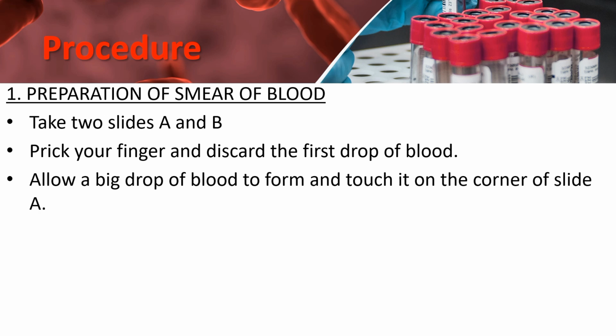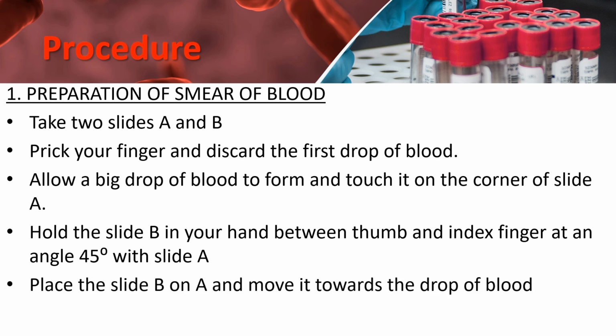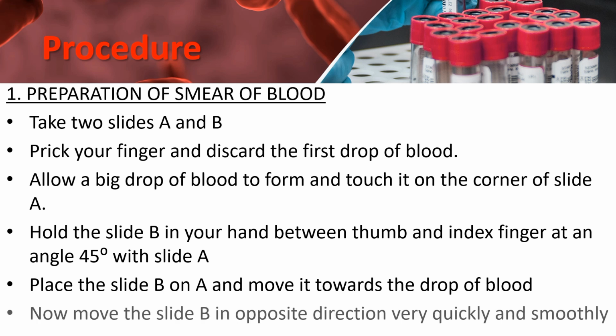Then hold the slide B in your hand between thumb and index finger at an angle of 45 degree with slide A. Now place the slide B on slide A and move it towards the drop of blood till it touches the surface of the drop of blood. Now move the slide B in opposite direction very quickly and smoothly.